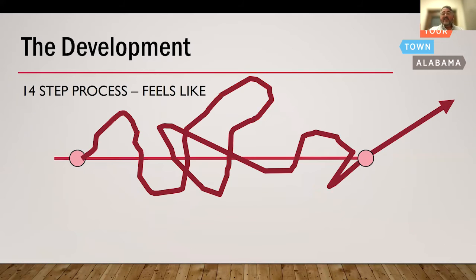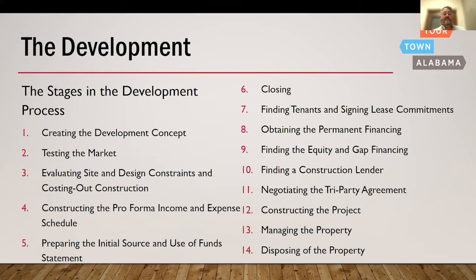So our process tends to feel like it's all over the place. We have highs, we have lows, we backtrack, we redo things, we bring new partners in. So these 14 steps can take a meandering, unique, special path to get that project across the finish line. But what are some of those steps? What do those kind of look like?